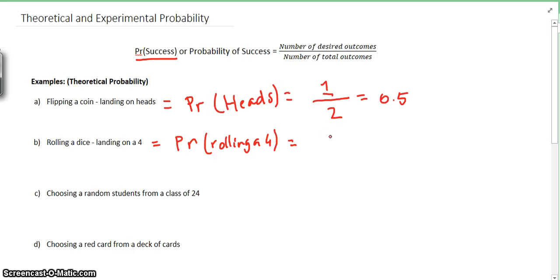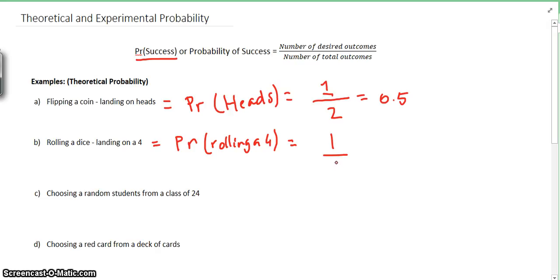So let's have a look at the probability formula now. The number of desired outcomes. If we look at the die, a die has numbers 1, 2, 3, 4, 5, 6. We want the number 4 to roll up. How many times does the number 4 roll up on the die? 1. Out of how many possible outcomes could we roll on a die?